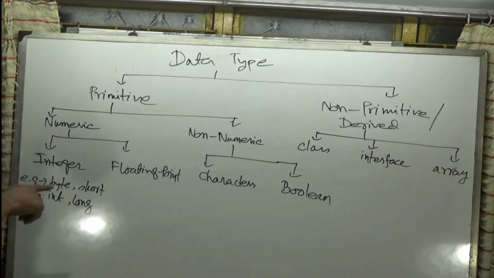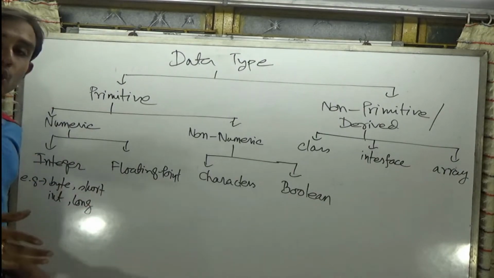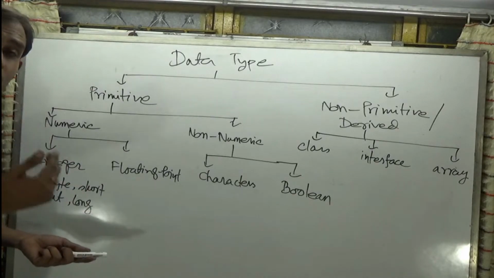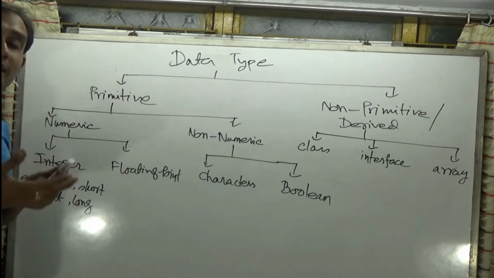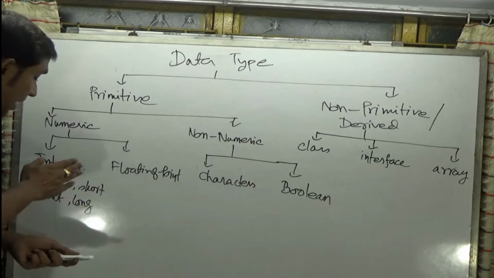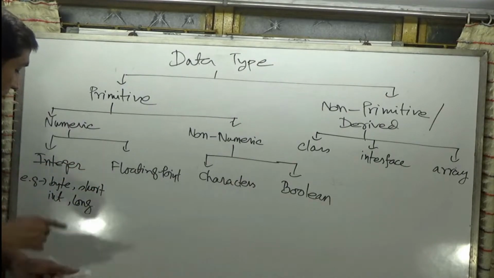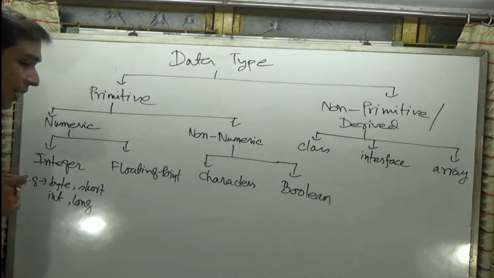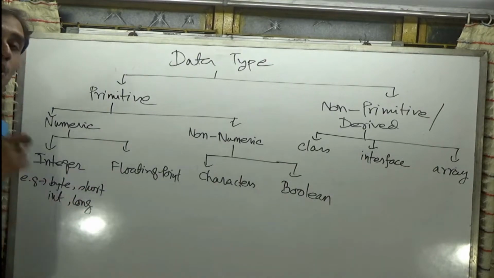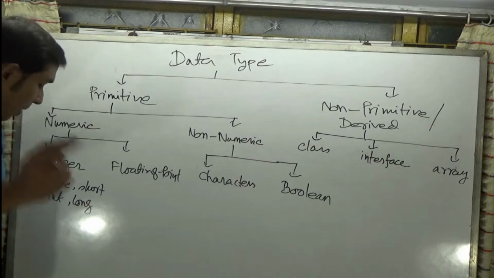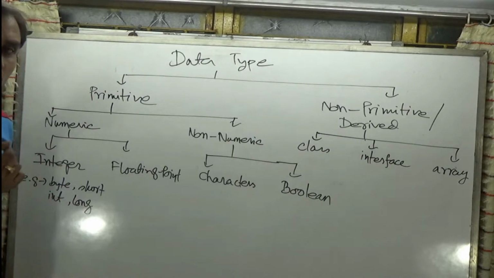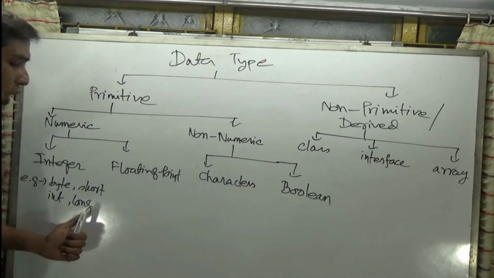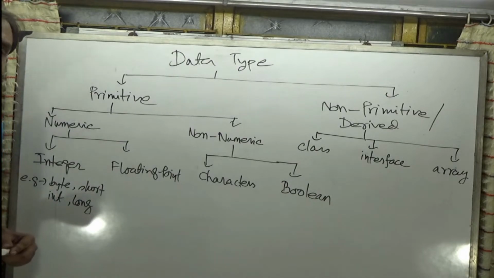These store integer values, but according to their storing capacity in memory, they are categorized into four types. Byte can hold 1 byte in memory. Short holds 2 bytes. Int holds 4 bytes, and long holds 8 bytes.